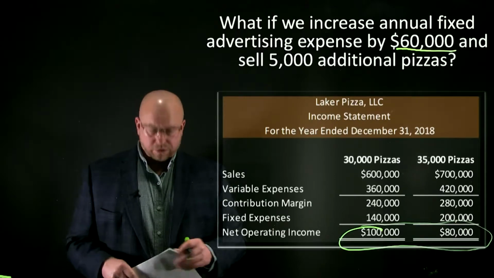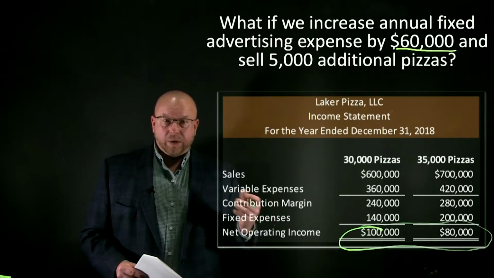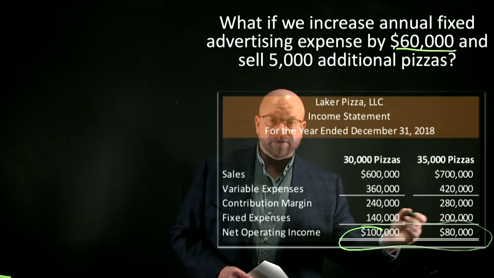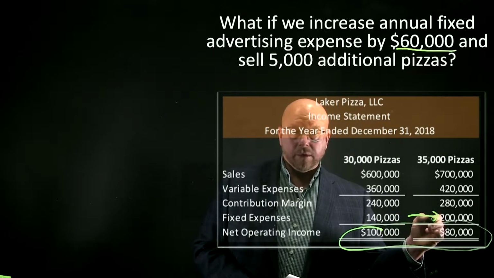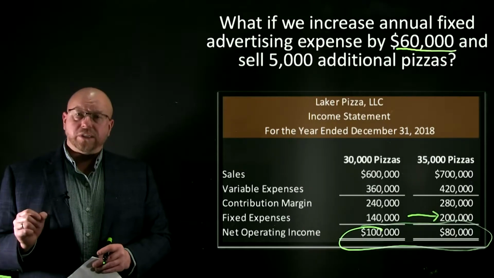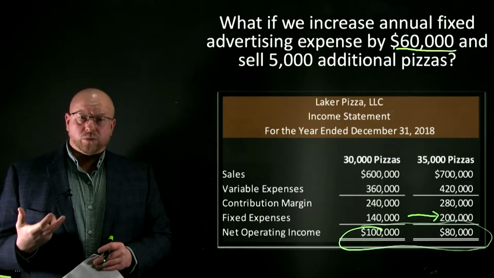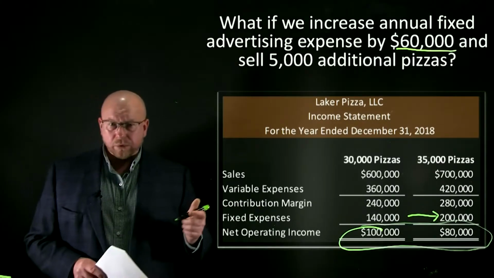But contribution margin is only going up at a rate of $8 per pizza, and we would have to sell enough pizzas to cover this increase in fixed costs. The relevant range may have changed a little bit there. We have different assumptions, at a very minimum, that fixed costs were going to be $140,000, now it's going to be $200,000.